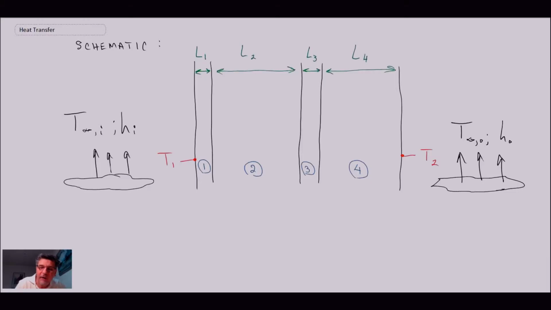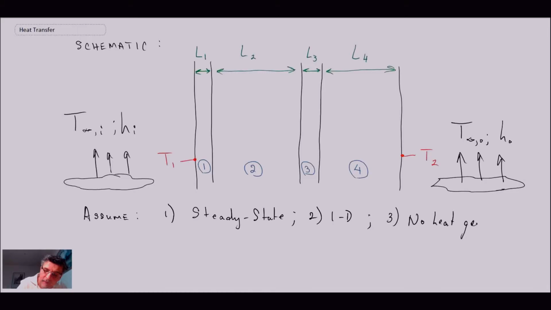We have the convective environments on either side and then the wall. Just like I said earlier, we will assume the things required in order to apply thermal resistances: steady state, one-dimensional conduction, no internal heat generation, and the final thing is k is equal to a constant for all of the materials we're dealing with.